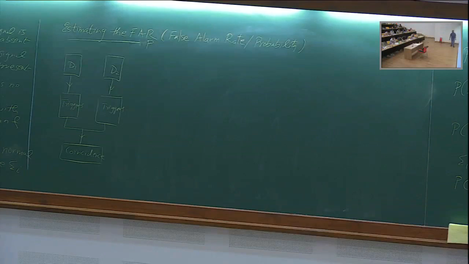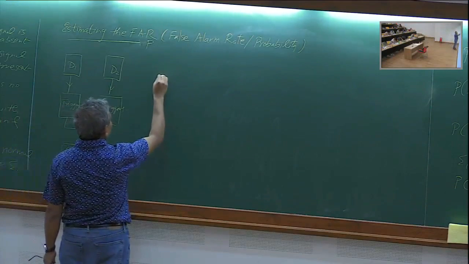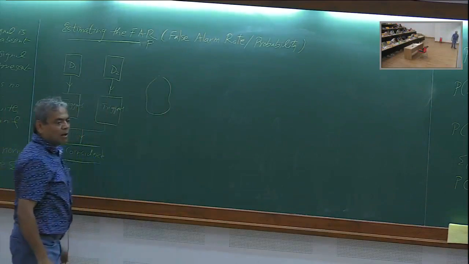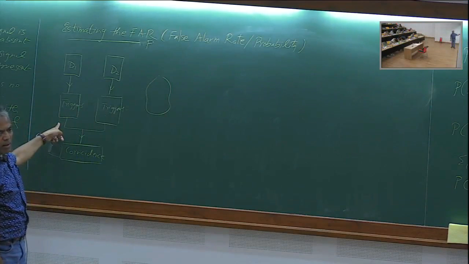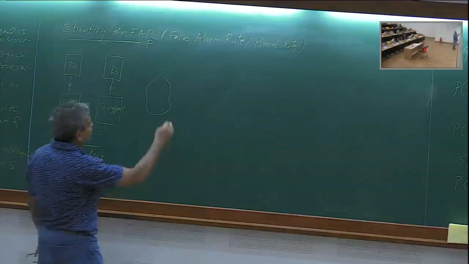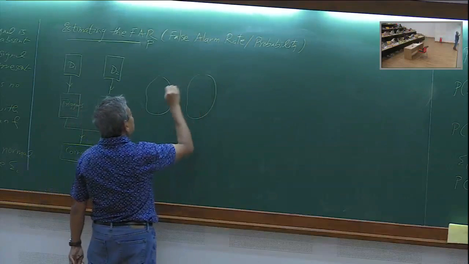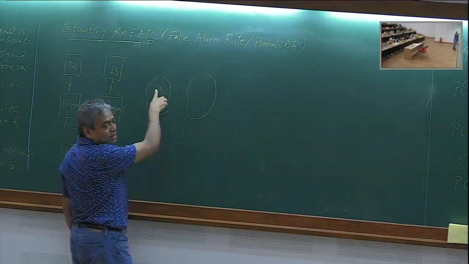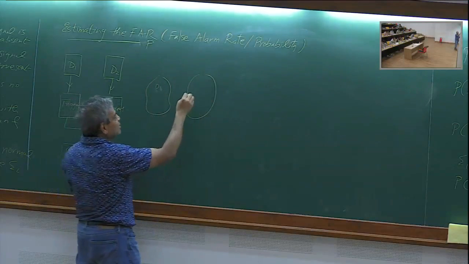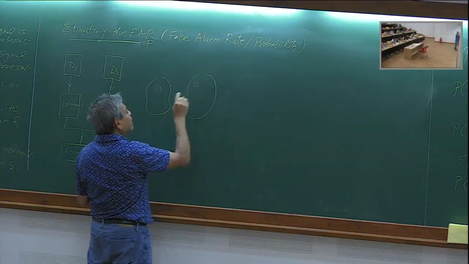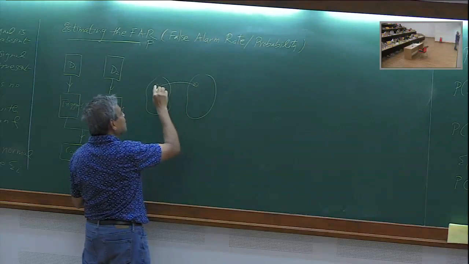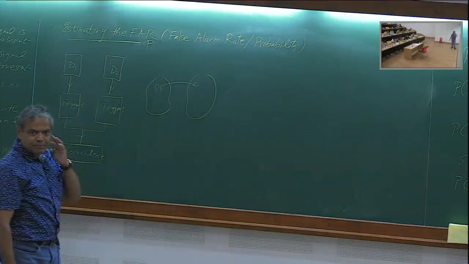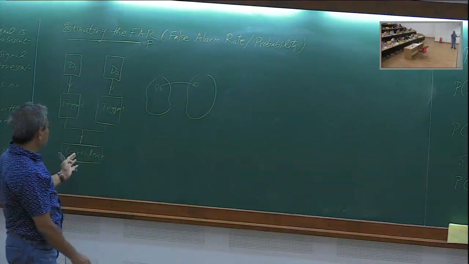What it means is that you have a set of triggers coming from one of them, and you ask whether there are corresponding triggers in the other. If this is the parameter space, do we have a trigger in the same part of the parameter space? And that is called the coincidence criteria.